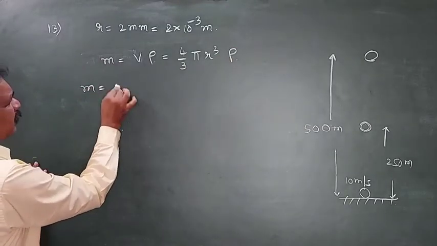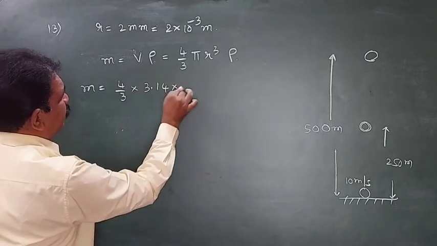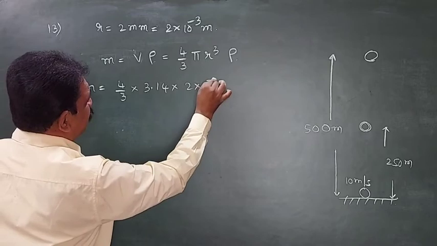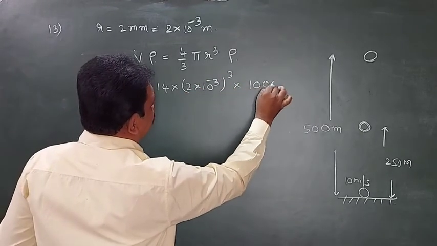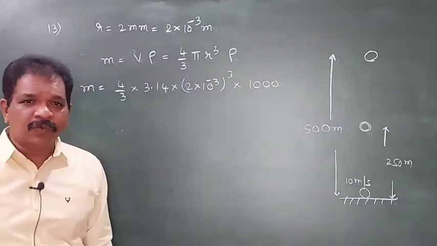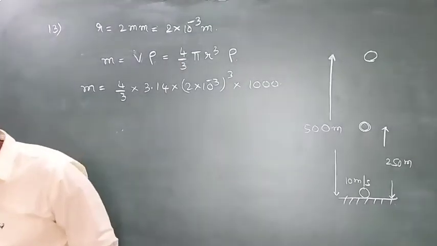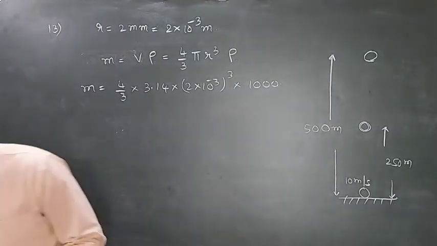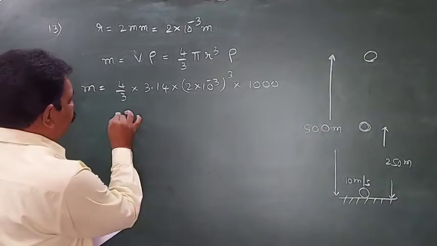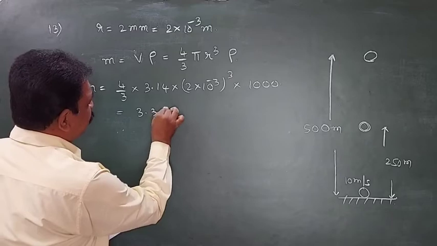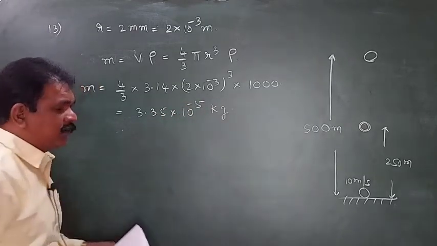So 4 by 3, pi value 3.14, this 2 into 10 power minus 3 whole cube. Density of water will be 1000 kg per meter cube. If we calculate this value, we will get 3.35 into 10 power minus 5 kg.